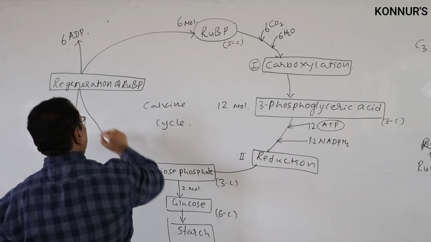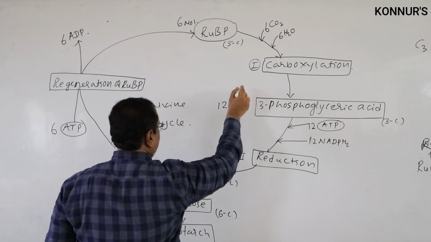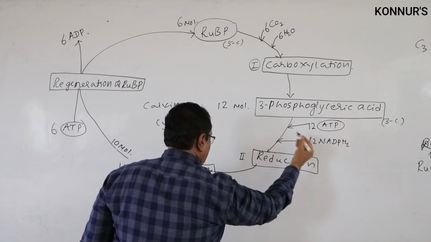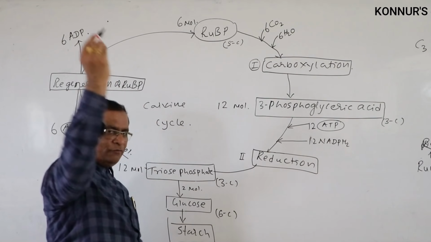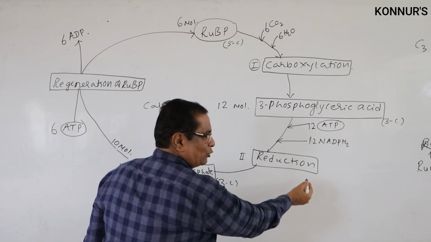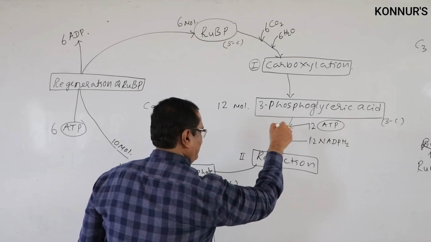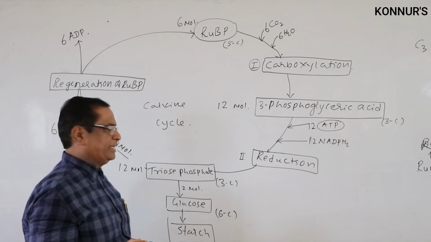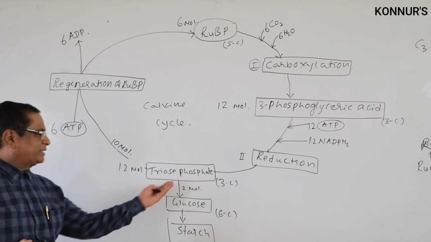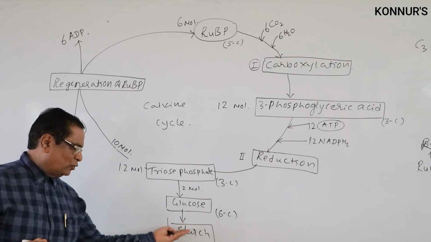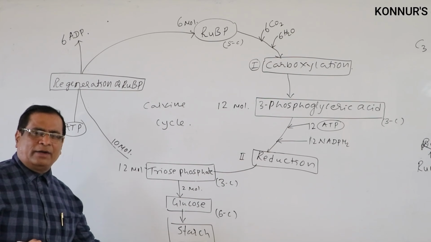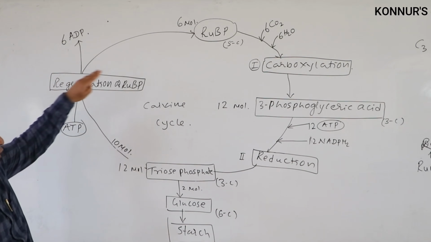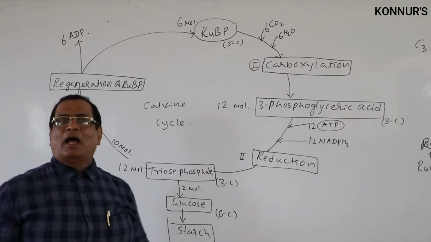It is taking place continuously. CO2 is fixed by RuBP, 3-phosphoglyceric acid is formed, and ATPs and NADPH2, which are formed in light reaction, have come to the stroma, and they are used to reduce 3-phosphoglyceric acid, forming triose phosphates. From triose phosphates, glucose and starch, our required product, is formed, and the remaining triose phosphates are used to generate RuBP.